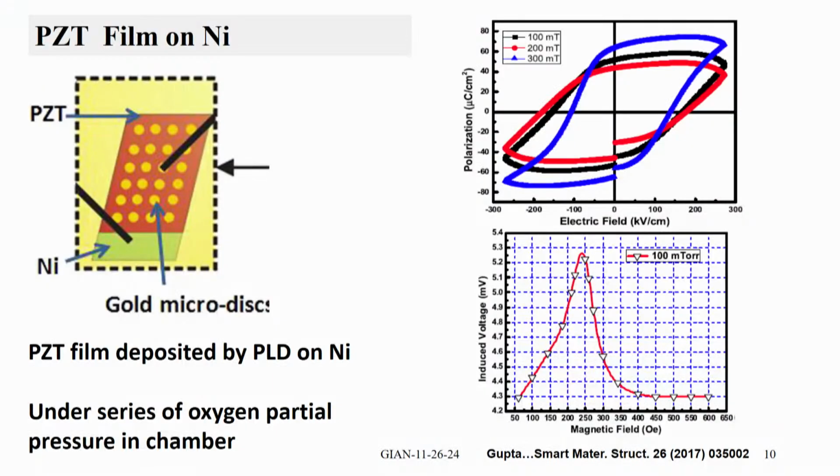So you need oxygen during the deposition process. And the induced voltage is around 5.25 millivolts. We don't know the thickness of the PCT layer. So what's available here is just the mu voltage coefficient. Just to give you an example. Okay.